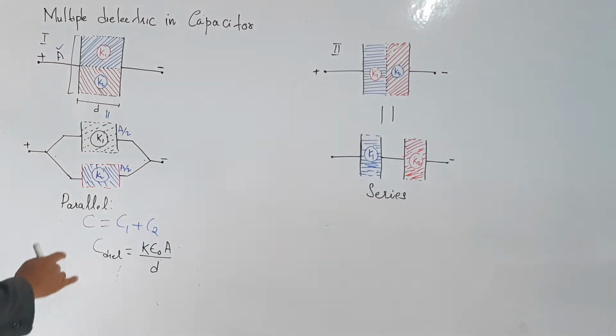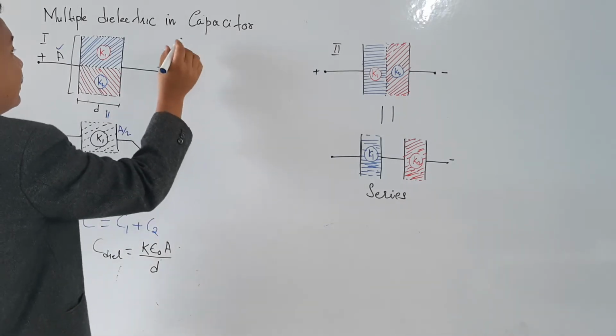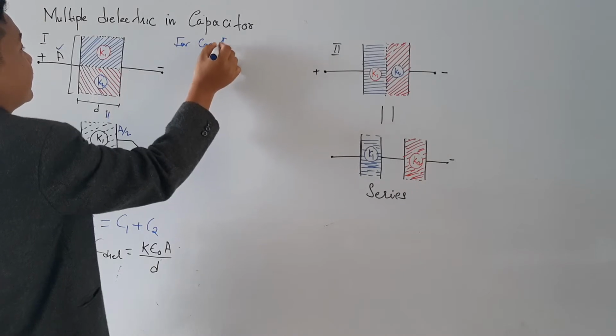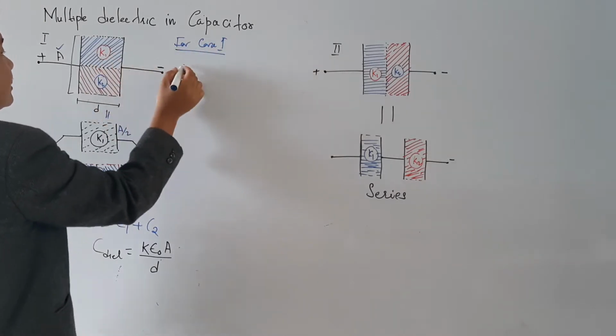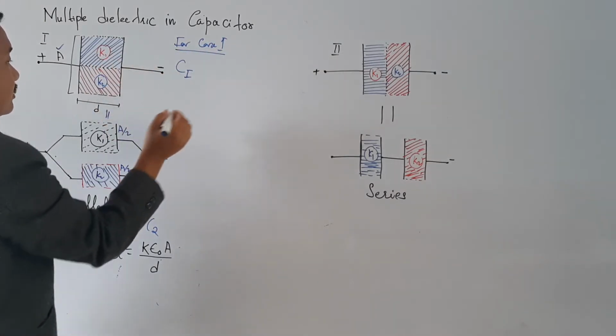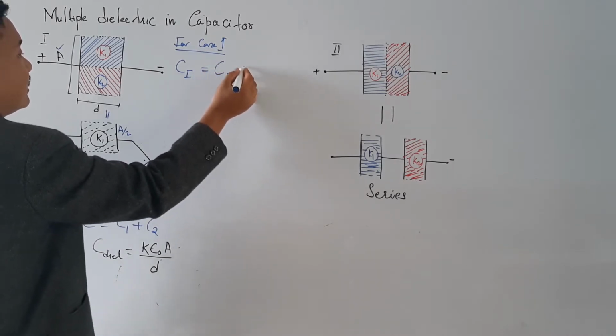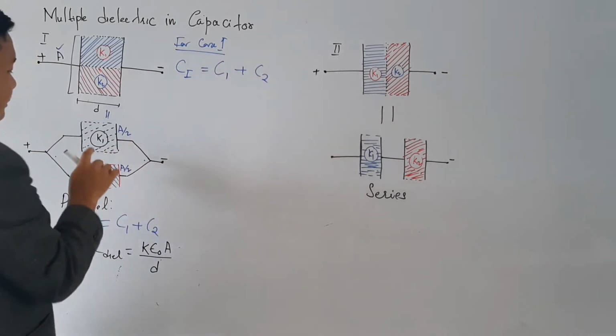Now for case 1, how much will it be? For case 1, C case 1 will be C1 plus C2, exactly the same as this.